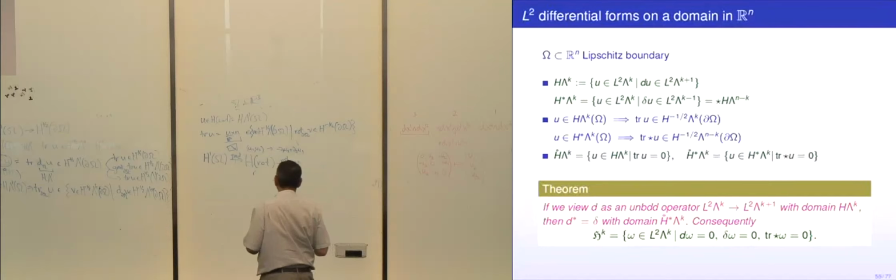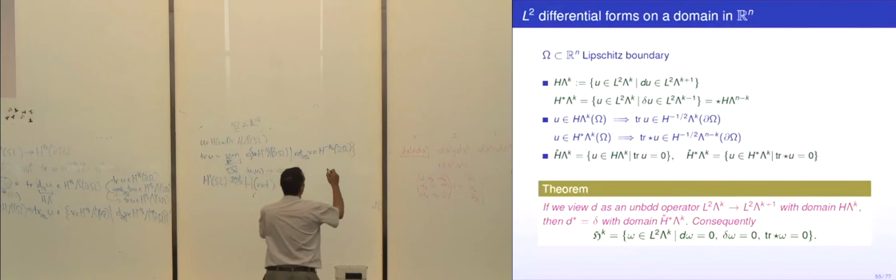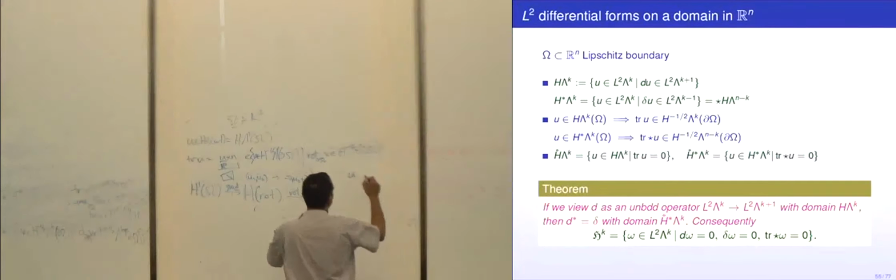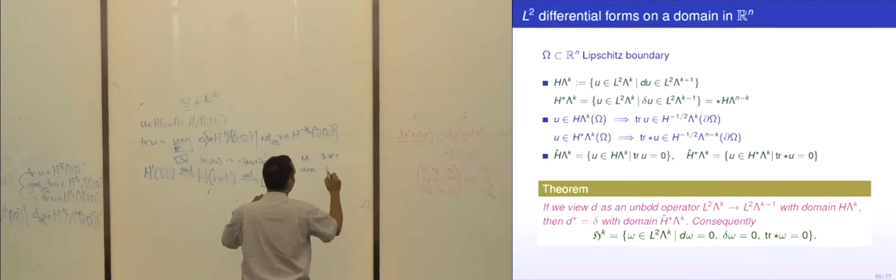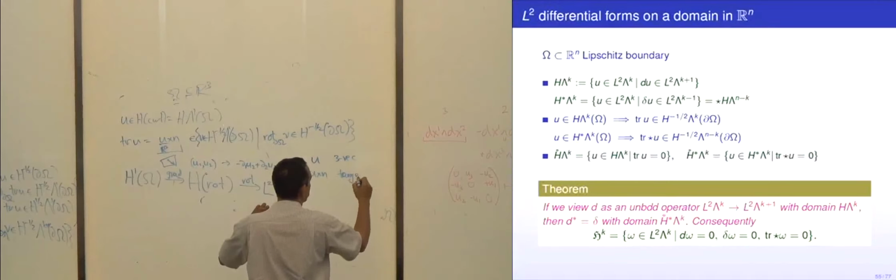Yes? So we start out with u a 3-vector. U cross n is a tangential 2-vector to the tangent space.